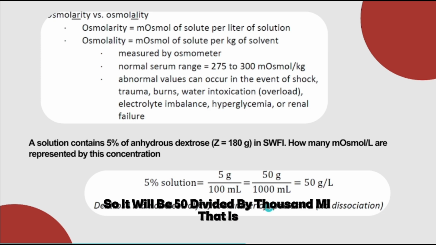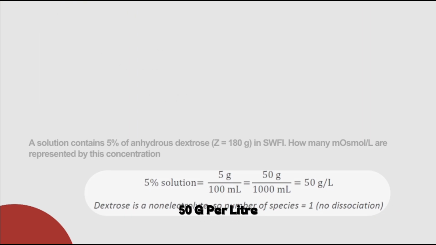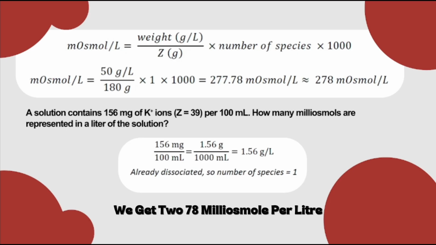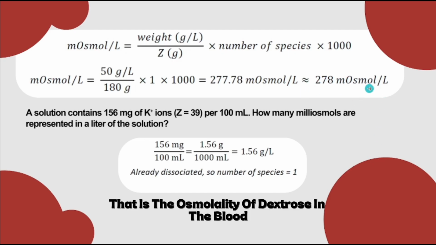So it will be 50 gram per 1000 ml, that is 50 gram per liter. Milliosmol will be 50 gram divided by 180, times 1, times 1000. We get 278 milliosmol per liter. That is the osmolarity of dextrose in the blood.